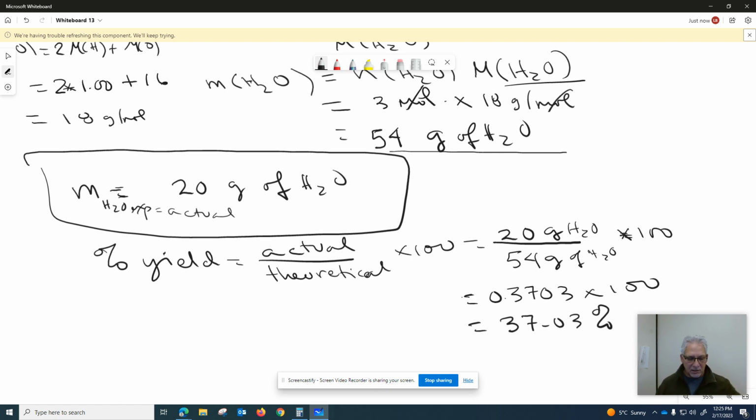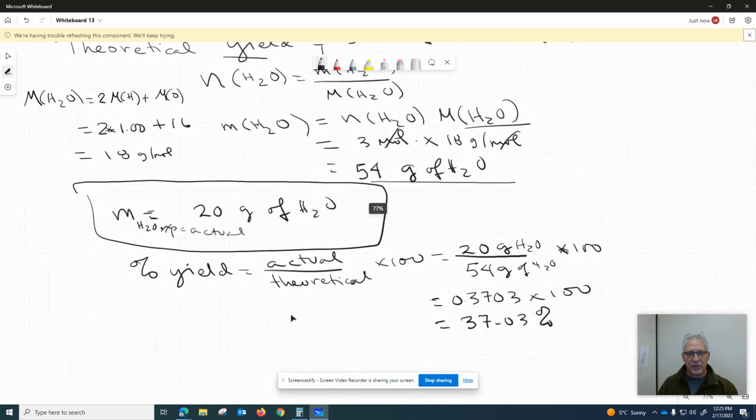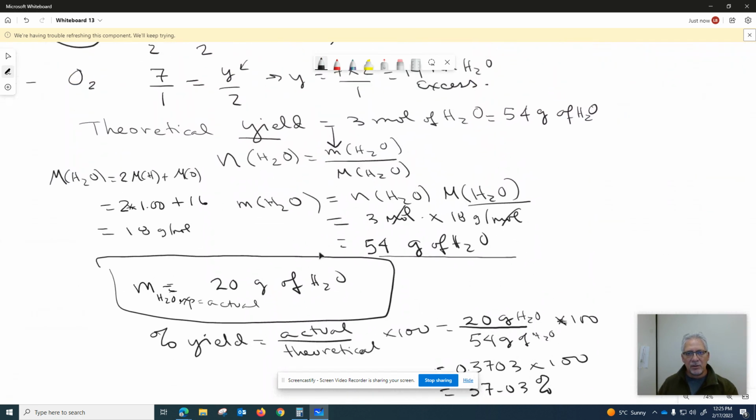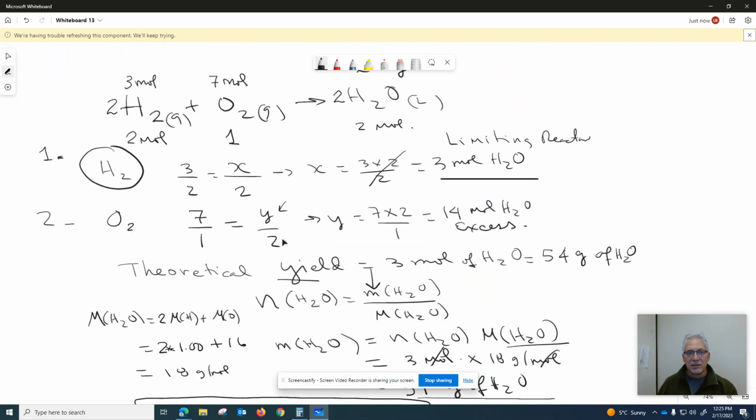Okay, summarizing, let me make this one smaller. The first thing that I need to do is balance the chemical equation. After balancing, they gave me mole, and I can find the limiting reactant. The limiting reactant is the one producing the least amount of product.